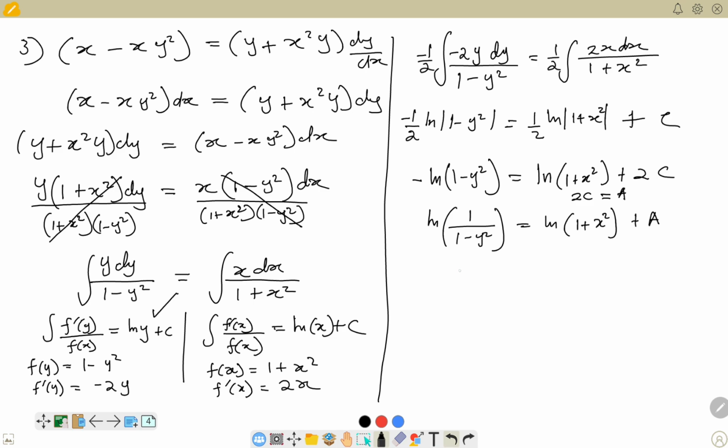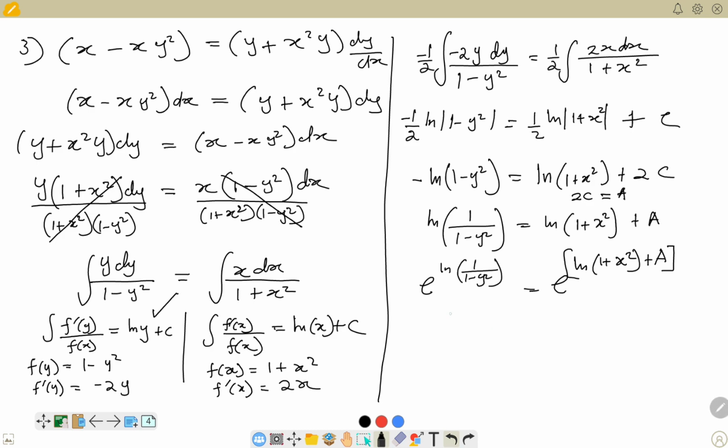We can raise both sides by exponential: e to the power ln of 1 minus y squared equals e to the power of ln of 1 plus x squared plus a. Then we know that this side we need to raise them like this. So that is the correct way of raising them.